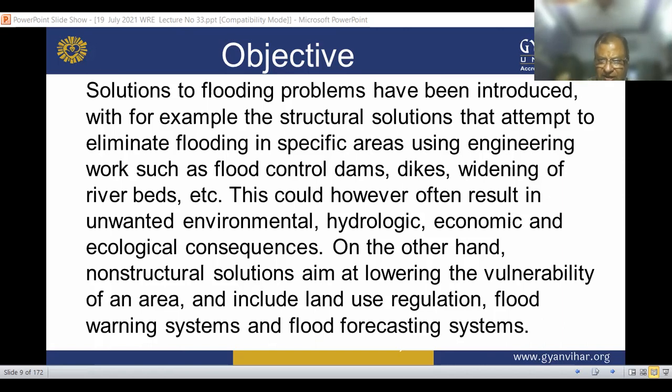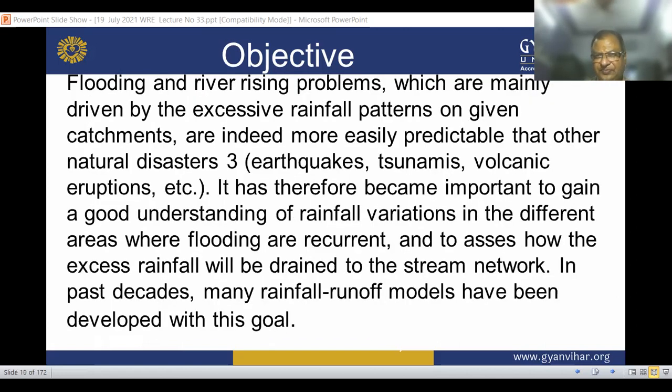On the other hand, non-structural solutions aim at lowering the vulnerability of an area and include land use regulation and flood warning and flood forecasting systems.